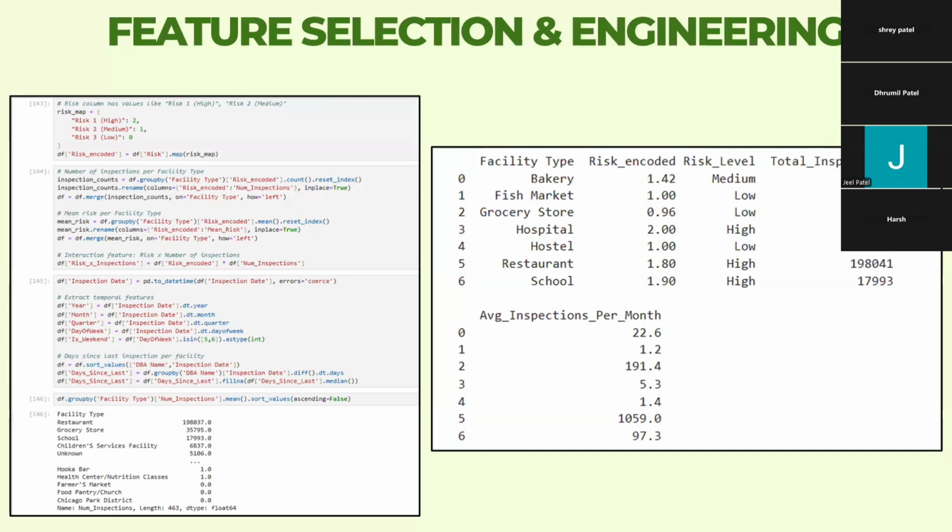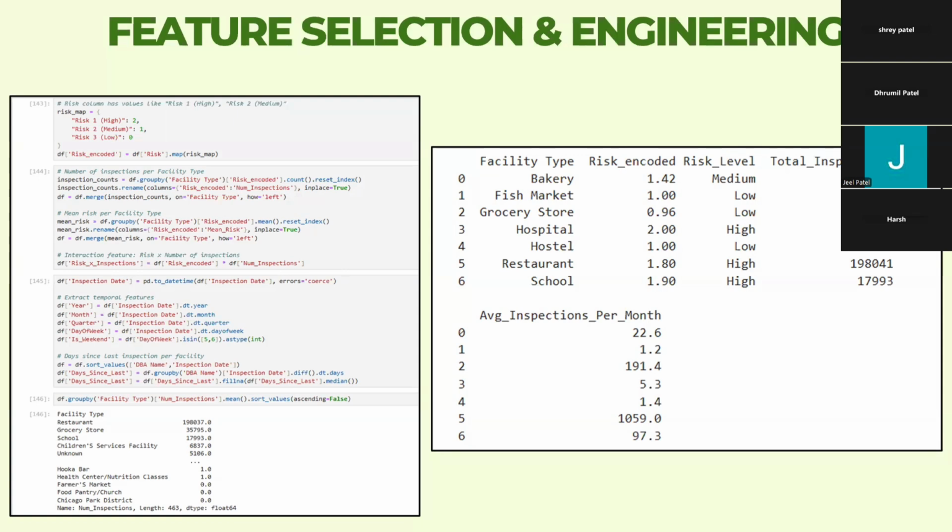After the basic analysis, we did feature selection and engineering. We created new columns, such as the average inspections by month, and we also encoded the risk.